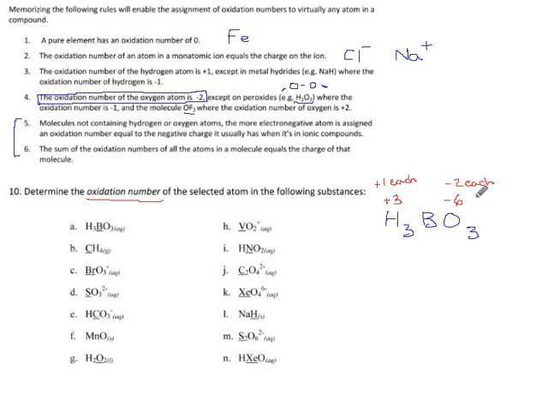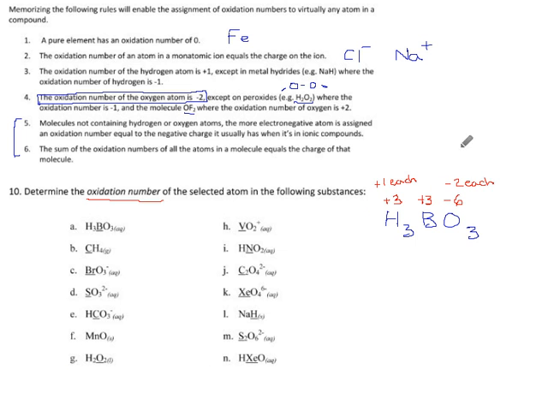We got the hydrogen covered. We got the oxygen. For the boron, you can put an X, or I'm going to use the letter B. We don't know what the oxidation number for boron is, but it has to be something that will make the total come out to 0. Now, you could probably just eyeball this and see that this boron must be +3, because that would bring our total up to 0.